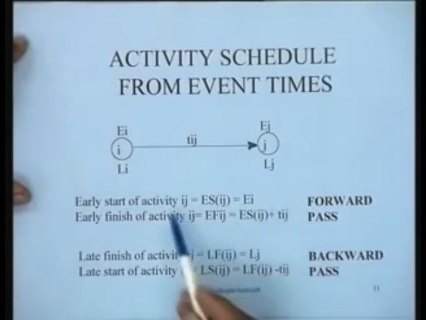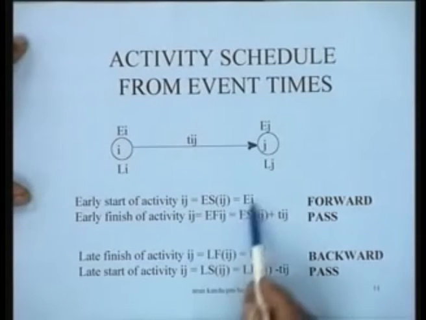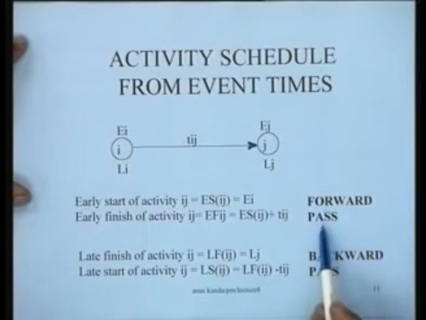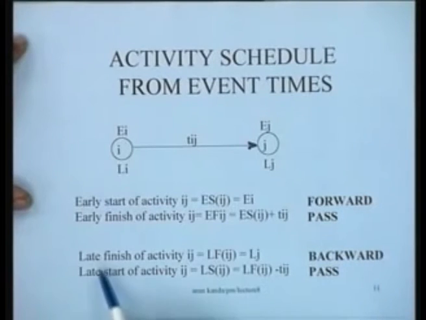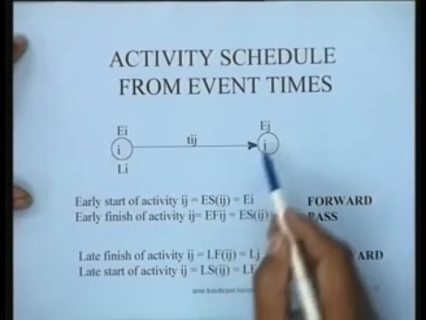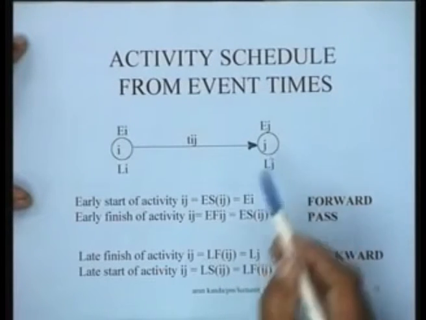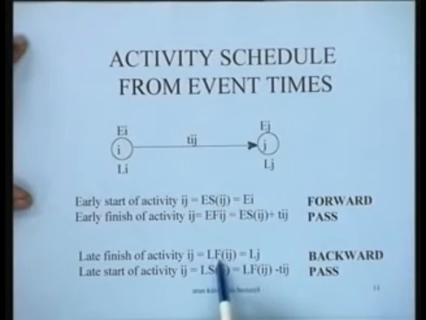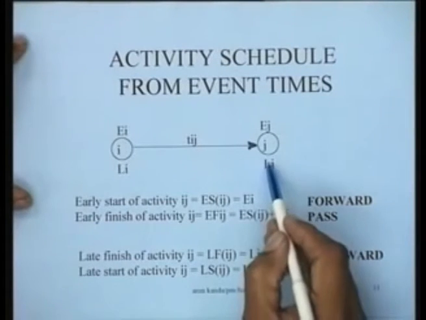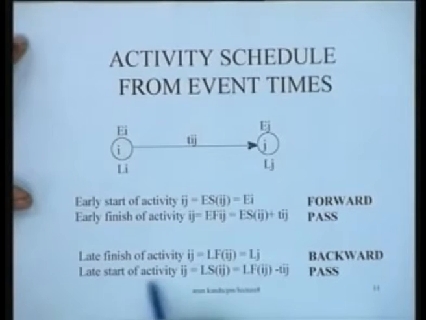And remember that the early start and early finish of the activities both come from the forward pass. Similarly, the late finish of the activity is determined by the latest occurrence time of the terminal node. So, the latest finish of the activity ij is nothing but l j, and therefore, the latest start of the activity ij is determined by subtracting the duration of the activity from the latest finish, and so you get the latest start of the activity.